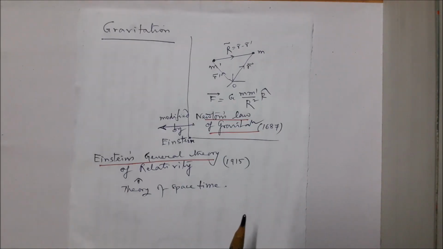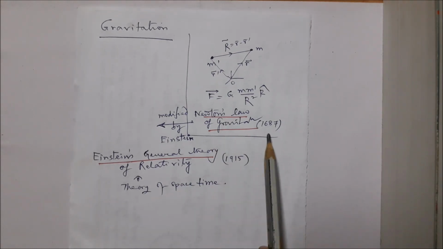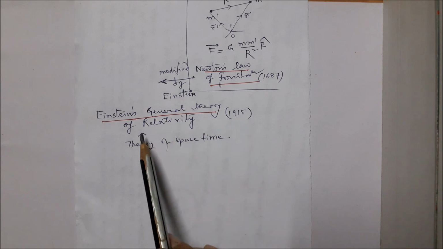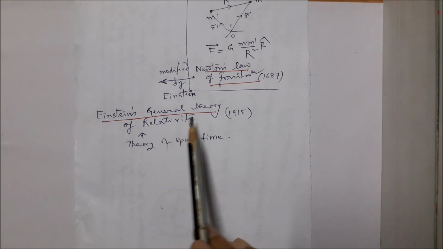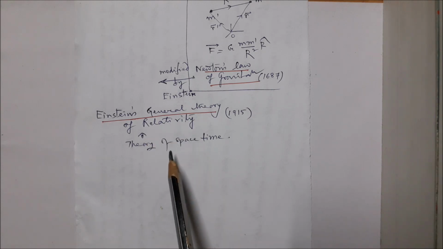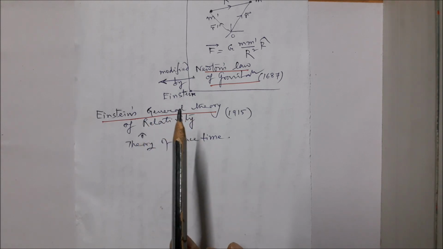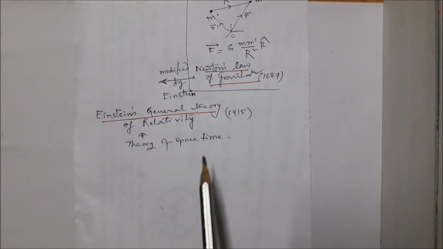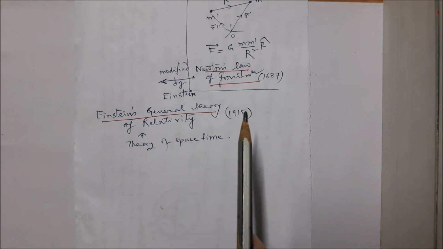Gravitation was described by Newton in 1687, but in 1915 Einstein's general theory of relativity, which is a theory of space-time, made people think of gravity not as a force but as a consequence of curvature in space-time, and the curvature is caused by the presence of mass.